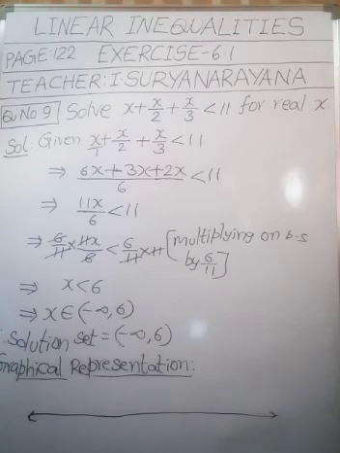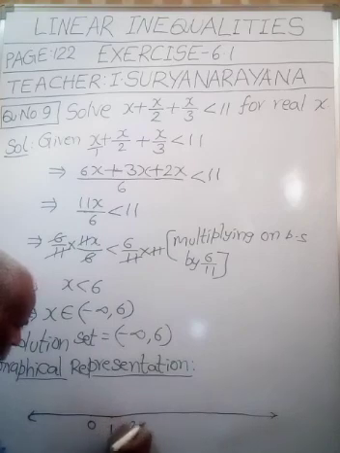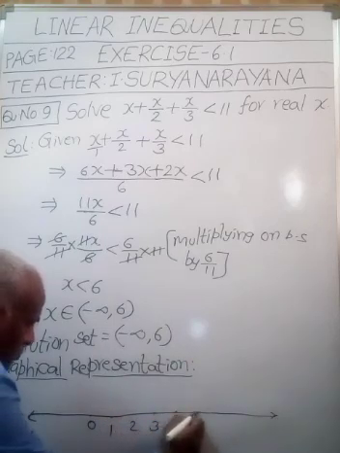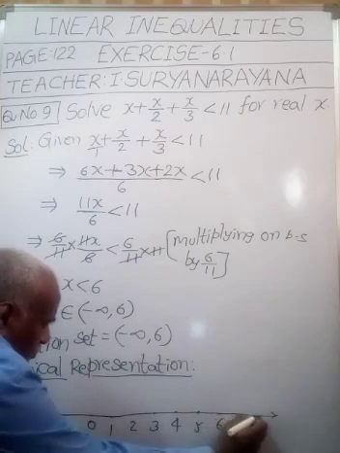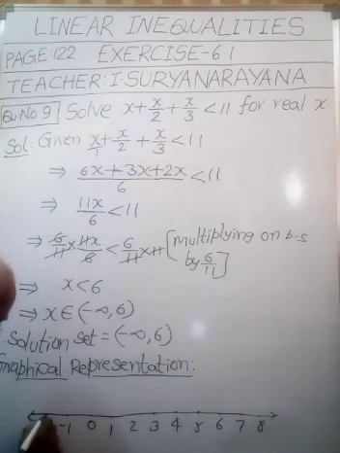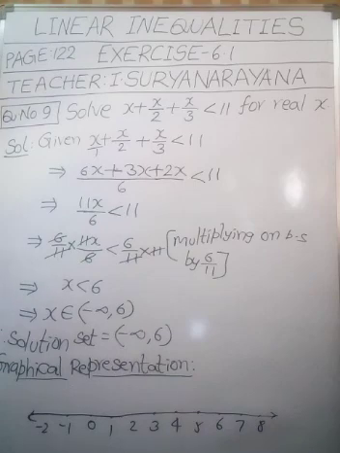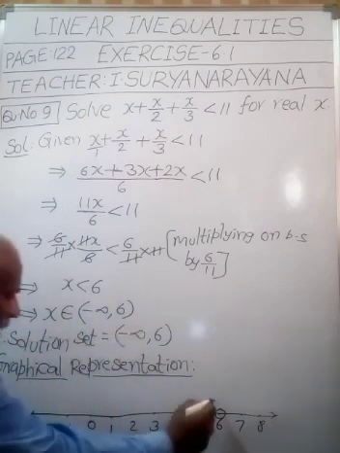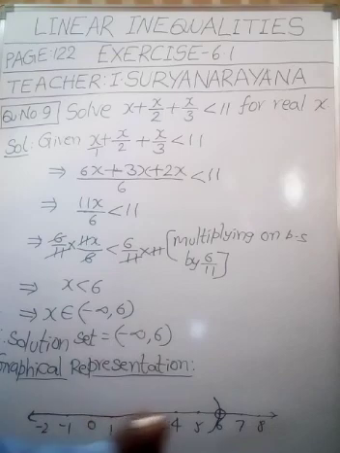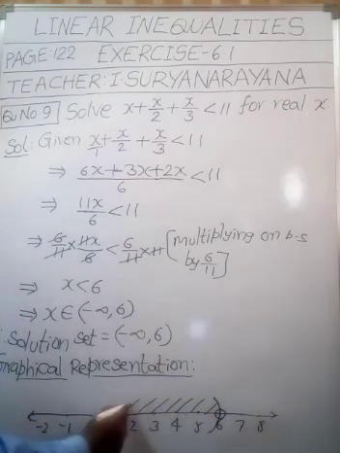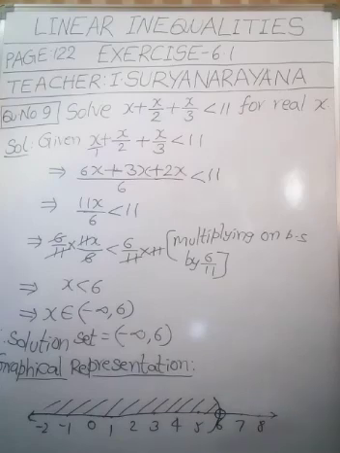Now let us draw the number line. We have drawn the number line. On this number line, we have marked the numbers, where the number 6 is here. Less than 6, all the numbers here, open bracket, all these real numbers satisfy the given inequality. Okay, my children, understood this point?